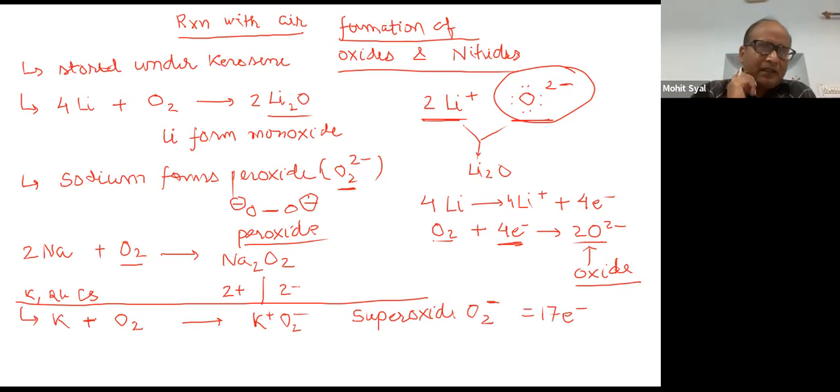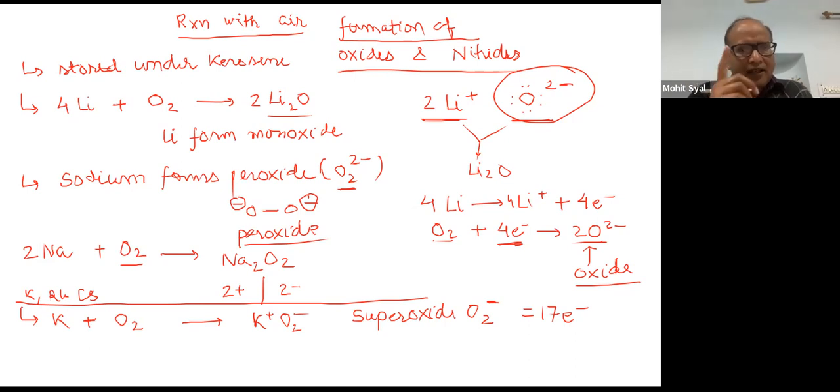If a substance has an odd number of electrons, an unpaired electron, that electron is a charge and it rotates on its own axis. If a charge rotates on its own axis, it becomes a magnet. It acquires magnetic character.